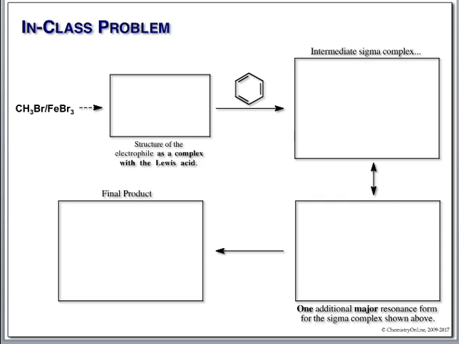Ours is different. Oh, okay, well you have chlorine and aluminum chloride, same thing.